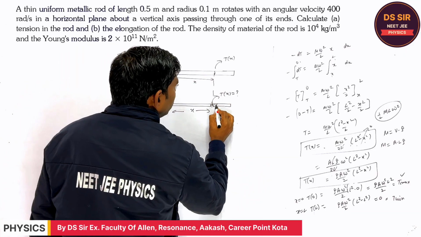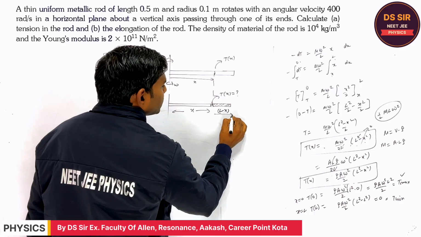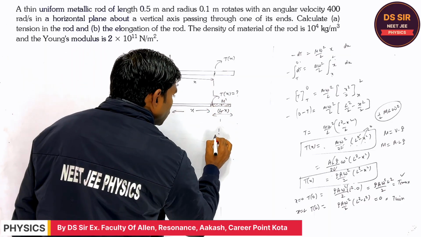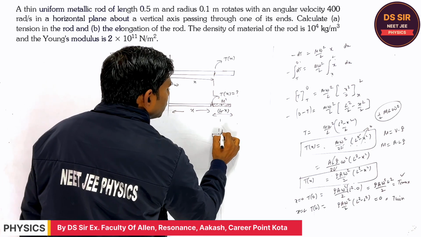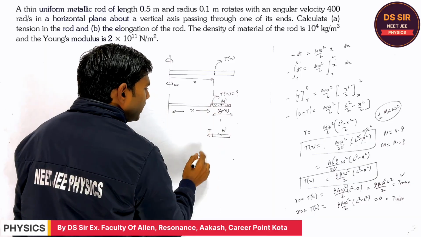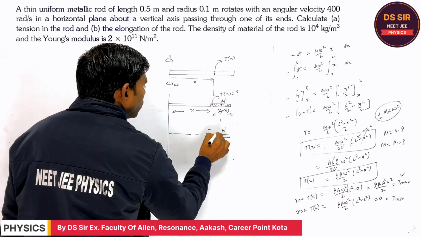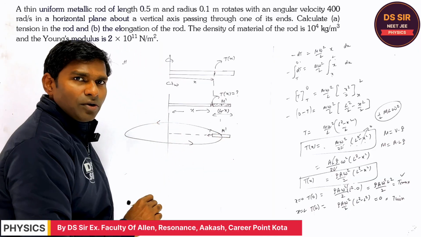If you consider this portion of length L minus x, its mass can be assumed to be m dash. And this is the tension which we have to find, and because of this tension, it is rotating in the circular path. Are you getting or not?